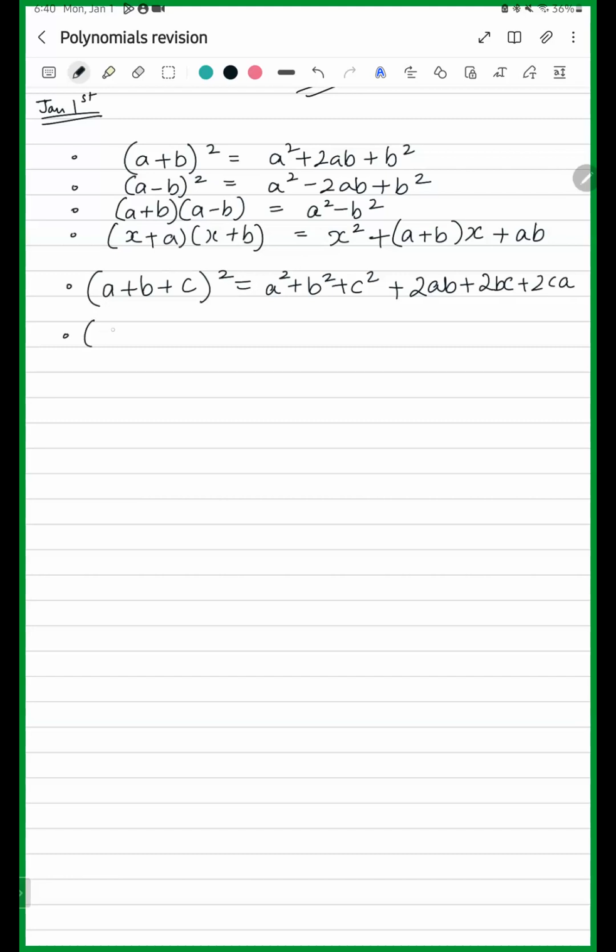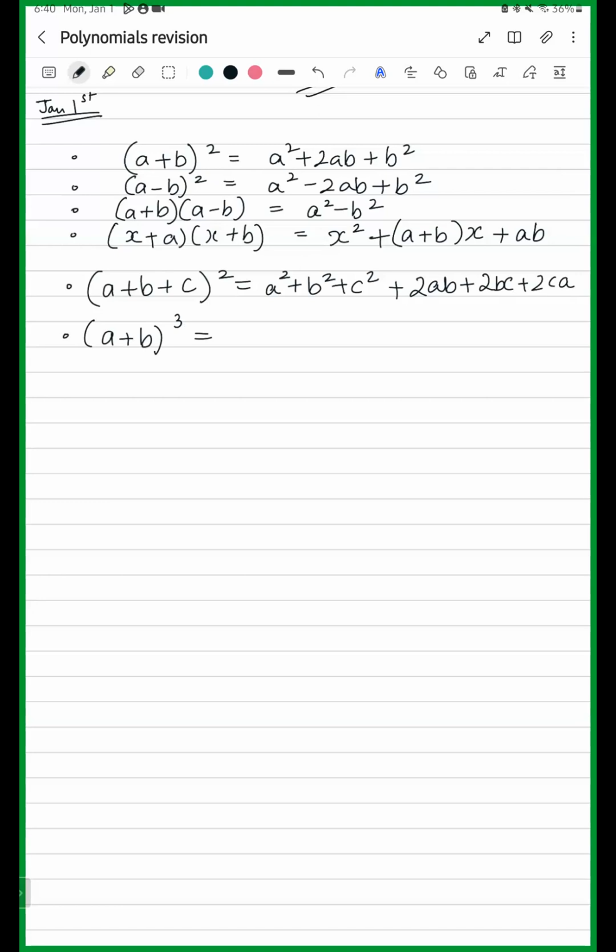And then we have this, (a + b) whole cube. Yes, who will tell us?